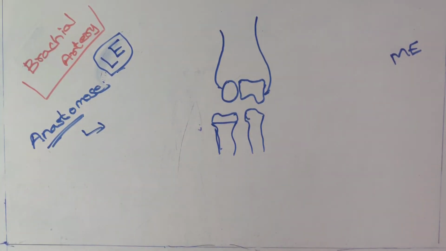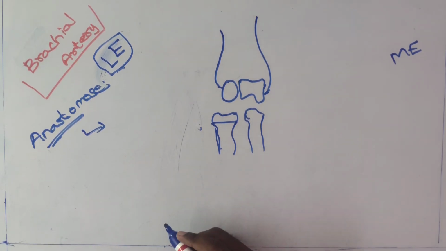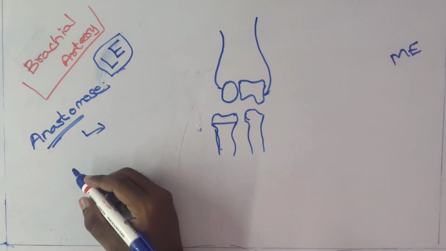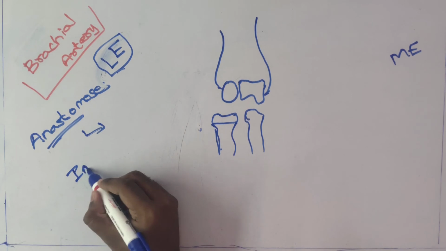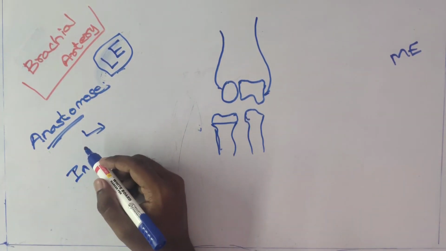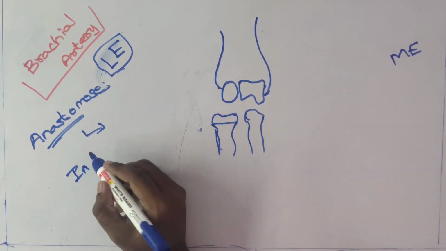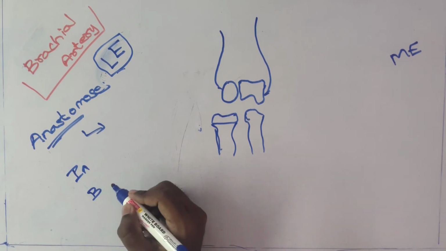Now coming to the branches. Even in the lateral epicondyle, we see two types of anastomosis. The first one occurs in front of the lateral epicondyle, and the second one occurs behind the lateral epicondyle.